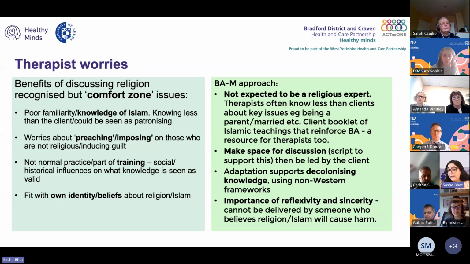It really includes that aspect of how do we decolonize some of the knowledge and the way that we approach and deliver services, using a framework that is very recognizable for people, and the importance of being flexible and reflexive in how we approach services.